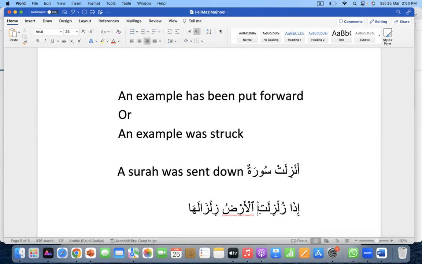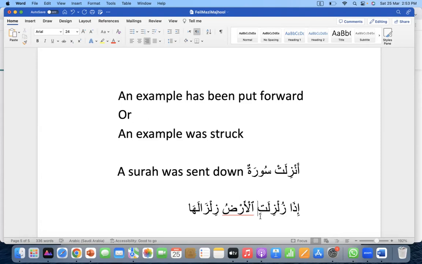Otherwise, fail does not have any kasra. Whenever you see a fail having kasra at the end, you should understand it is either the hiya version or amr, because the hiya version ends with sukun, and amr also ends with sukun.